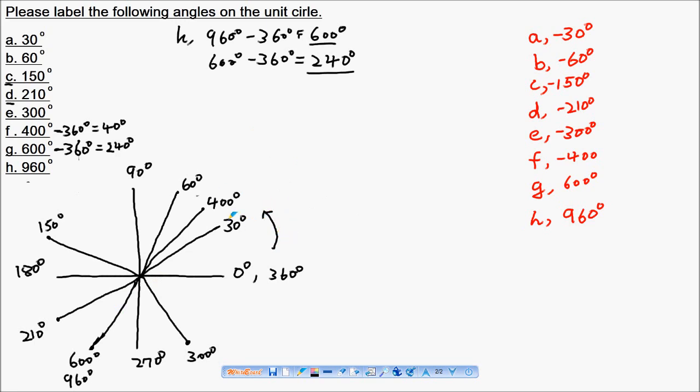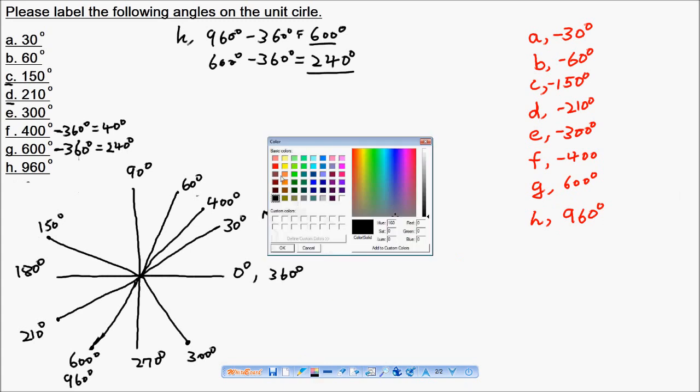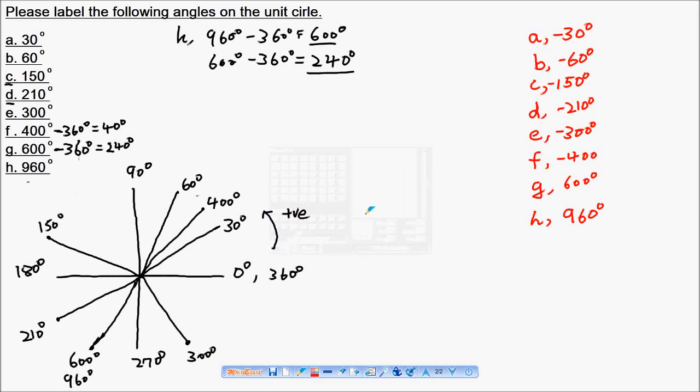Remember, anti-clockwise means positive. Now let's look at the question on the right hand side. Here we have to label minus 30 degrees, minus 60 degrees.